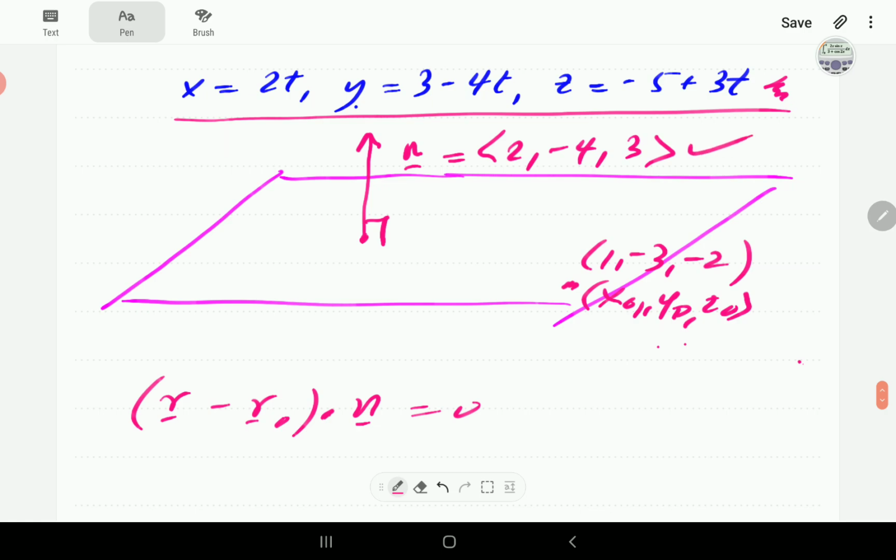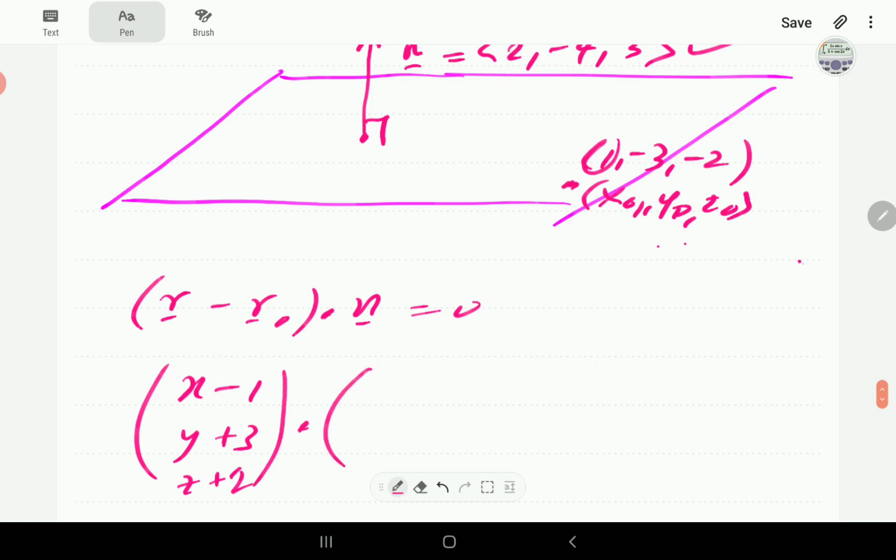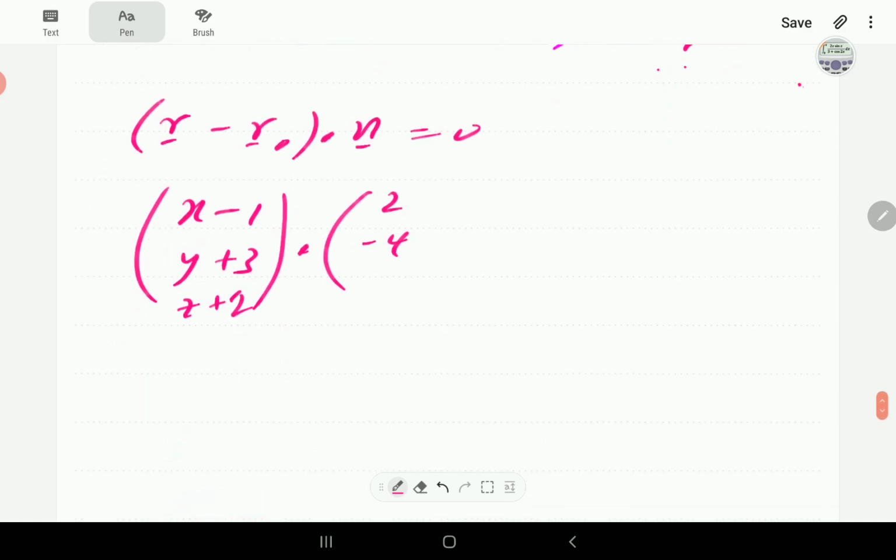N is given through the straight line. So this is going to be x minus 1, y plus 3, z plus 2 dot 2, minus 4, 3 equal to 0.